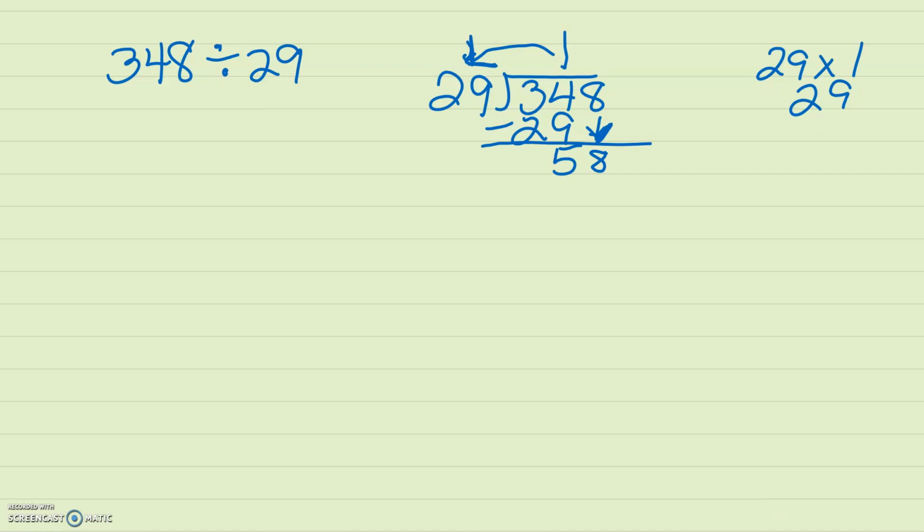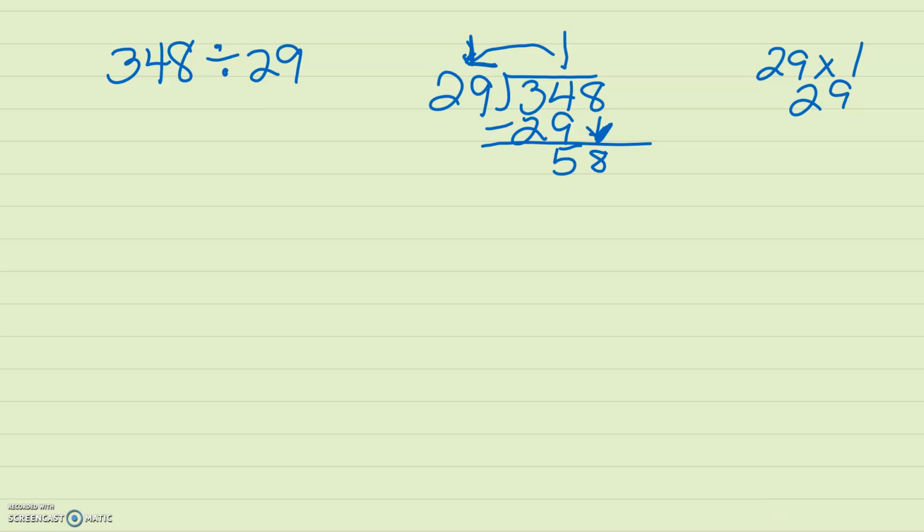Now we need to divide 29 into 58. Can 29 go into 5? No, which is good, because that would mean we'd messed up on our first step if it could.